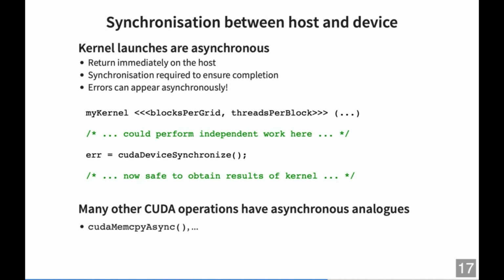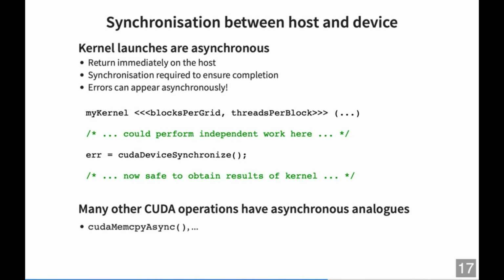So another important point to realize about starting a kernel or launching a kernel is that execution on the device is going to be asynchronous. So if we're on the host and we start a kernel, we need to know when it is safe to ask, can we have the results back?